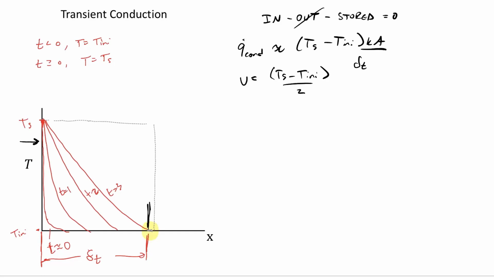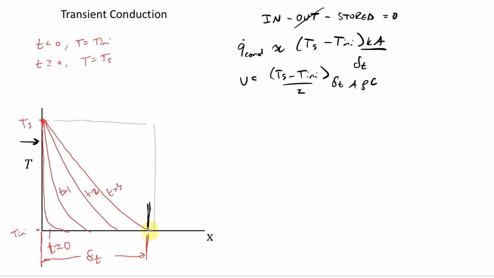So it's half of the temperature difference, times delta T, times the area, times the density, times the specific heat. Does everybody see where that came from? We're saying that, on average, we've raised the temperature or the internal energy to about half the distance between Ts and T infinity.